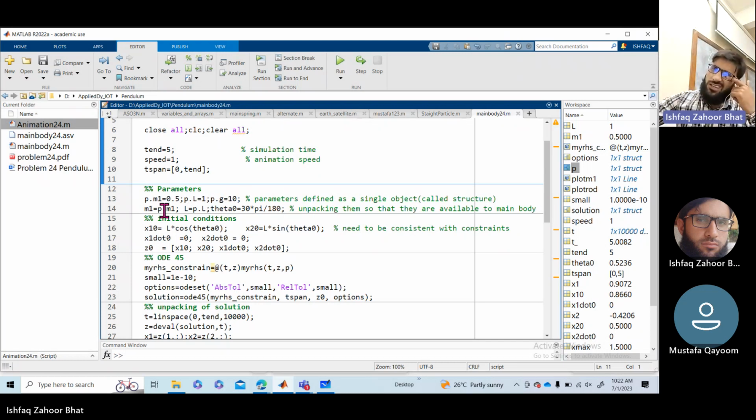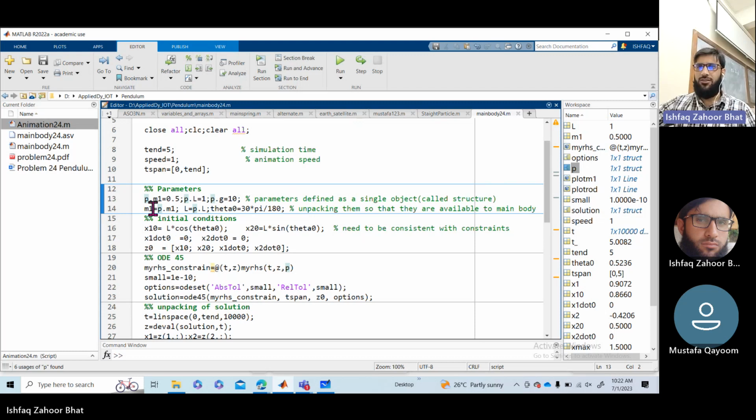But to use these M1, L, and G in this main file, you have to write M1 equal to P.M1. Otherwise, if you want the value of M1, you have to write P.M1. You cannot write M1 because MATLAB doesn't know what M1 is.